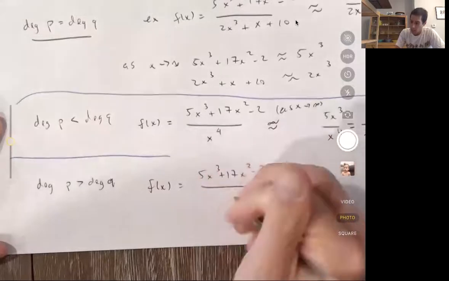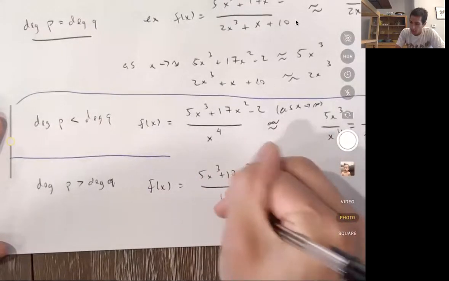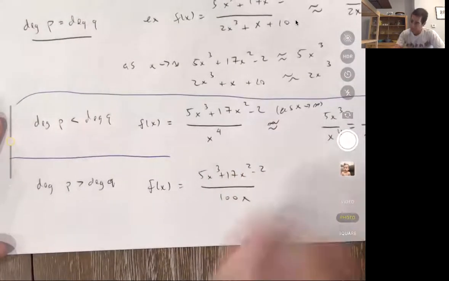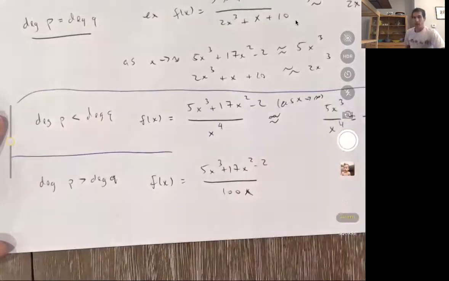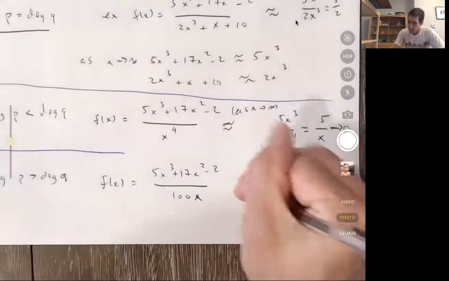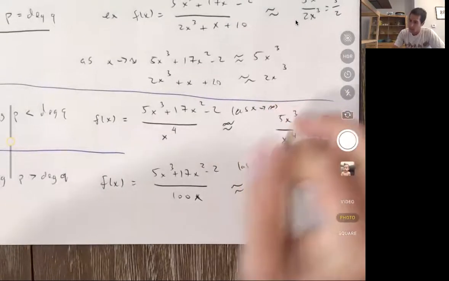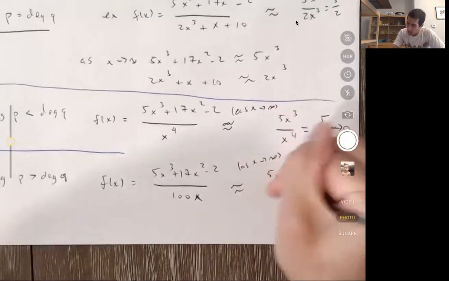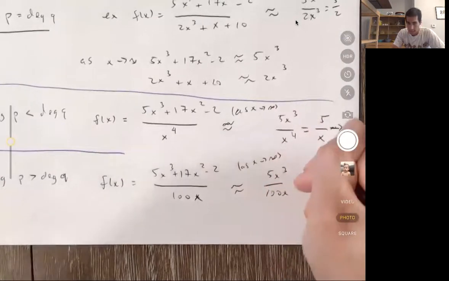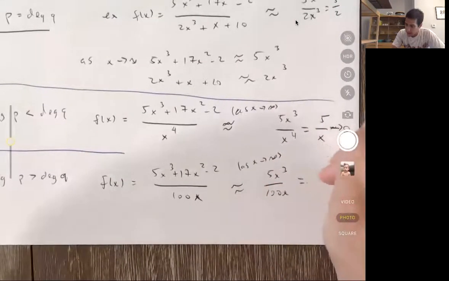And let's use the denominator 100 times x. Now, using the same logic, as x goes to infinity, this is going to behave almost like 5x cubed over 100x. And this is the same function, as long as x is not 0, as 5x squared divided by 100.